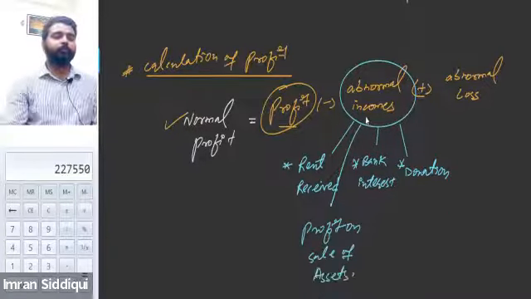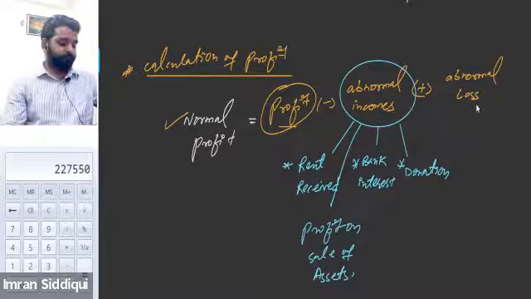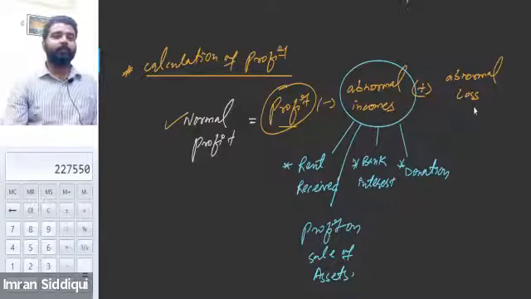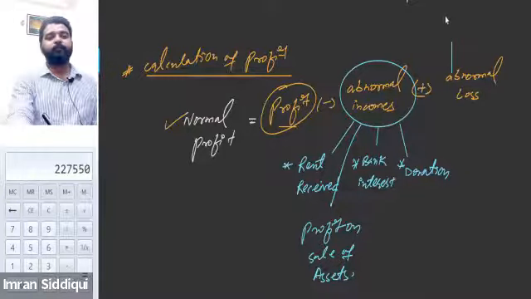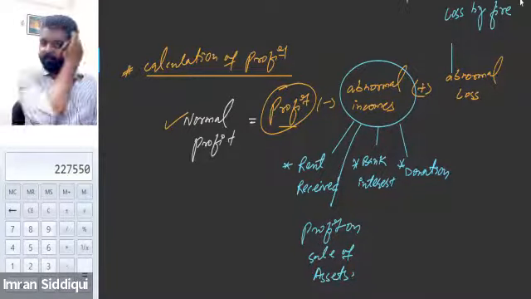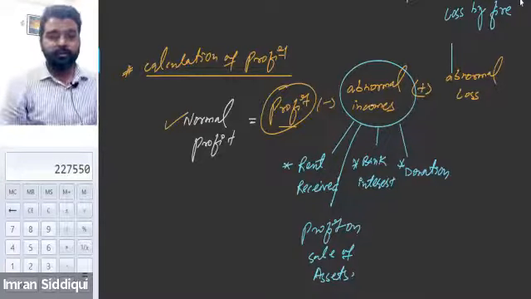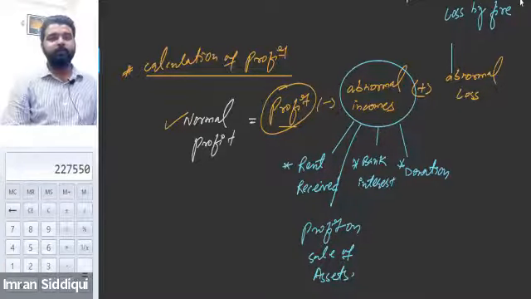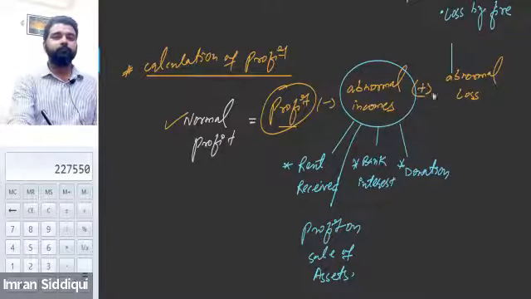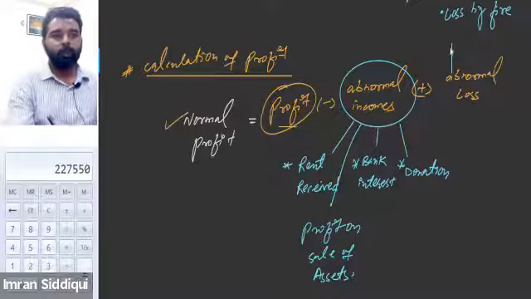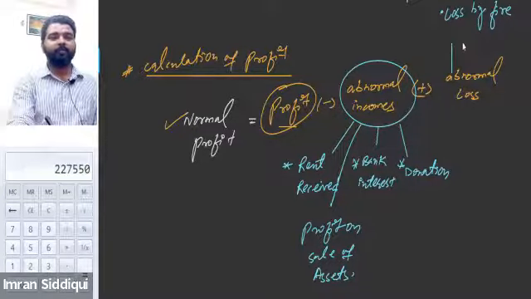So we need to subtract all these incomes out of the profit. Similarly, if there are abnormal losses, such abnormal losses should be added. For example, if there is a loss by fire, if fire occurred in a premises and due to such fire, the business has to suffer some loss, that loss is not considered as the operational loss or the operating expenses.